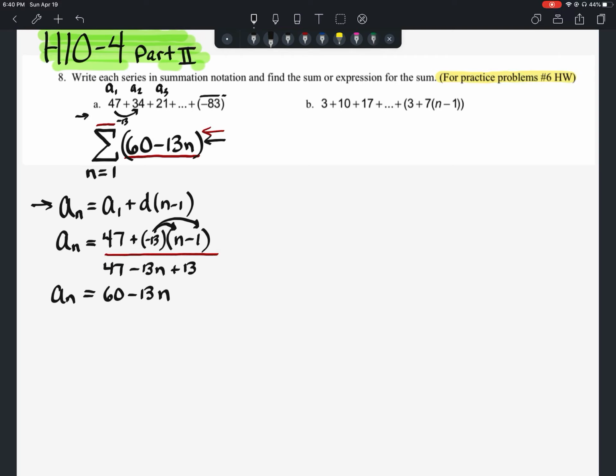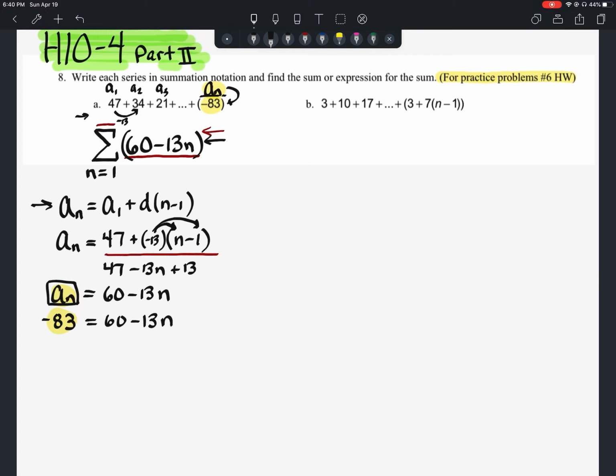Now, we can still use this expression to help us figure out what our n is going to be, because a sub n is negative 83. But we need to know how many terms there are going to be. So let's put negative 83 in down here. That's the same thing as a sub n. A sub n is negative 83. So we're going to say that equals 60 minus 13 times n.